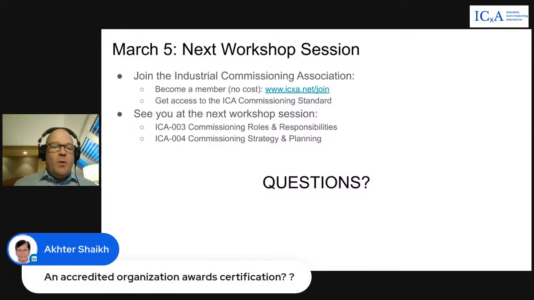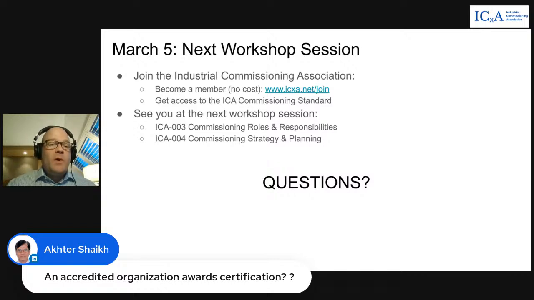Does an accredited organization award certification? Unfortunately, right now there is no global authority or global body for commissioning of industrial plant processes. There are lots of building certifications, and you can get your ASHRAE certification if you're working on HVAC systems, but there's no governing body that governs commissioning of more complex systems.